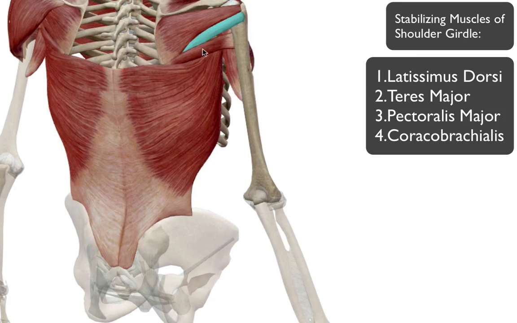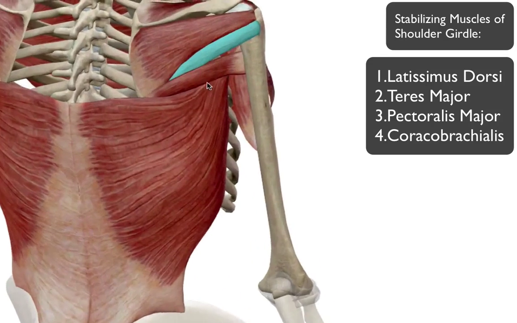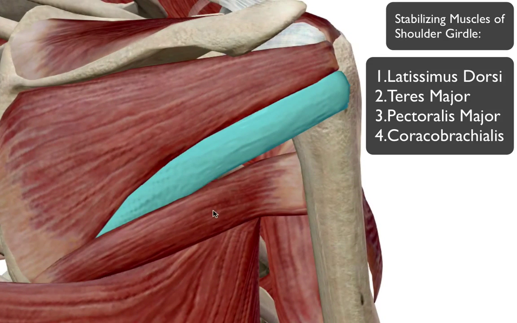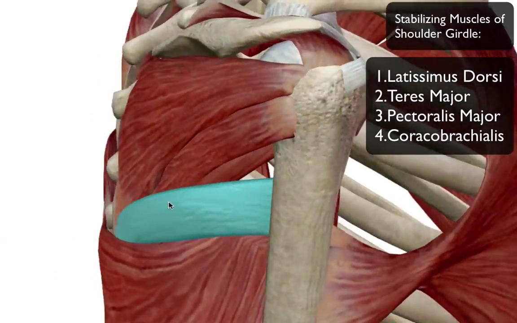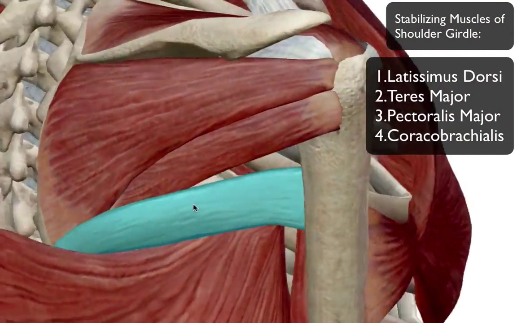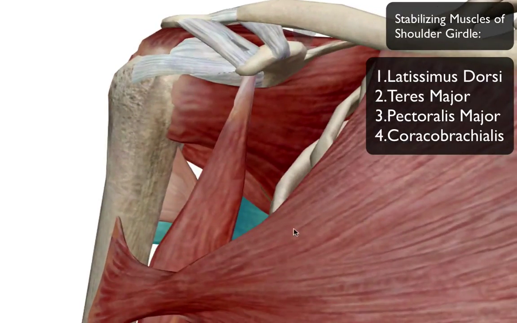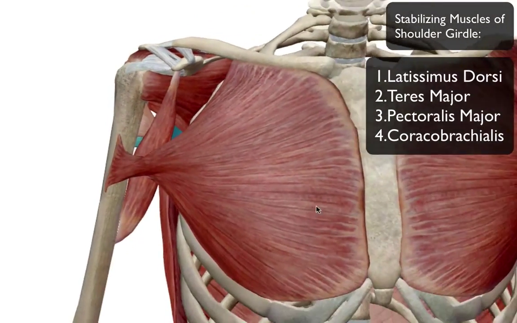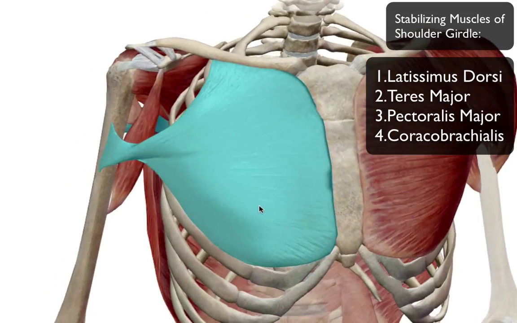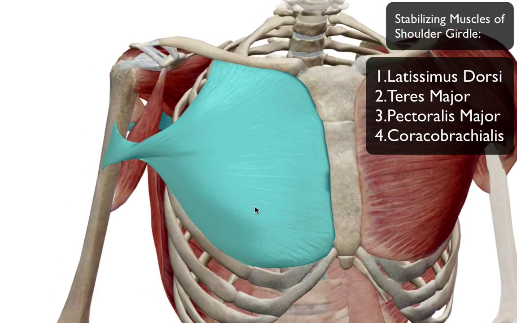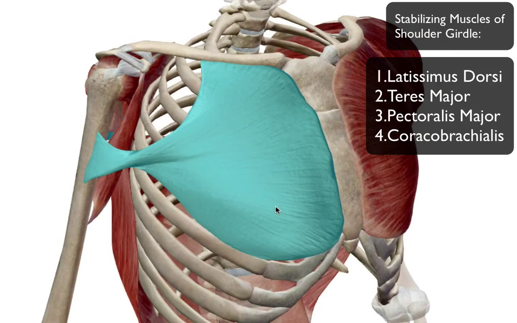And then just below the teres minor muscle, we have our teres major. And as I rotate to the anterior portion of the body, here's our pectoralis major. So these are all muscles that aid in stabilizing the shoulder girdle.